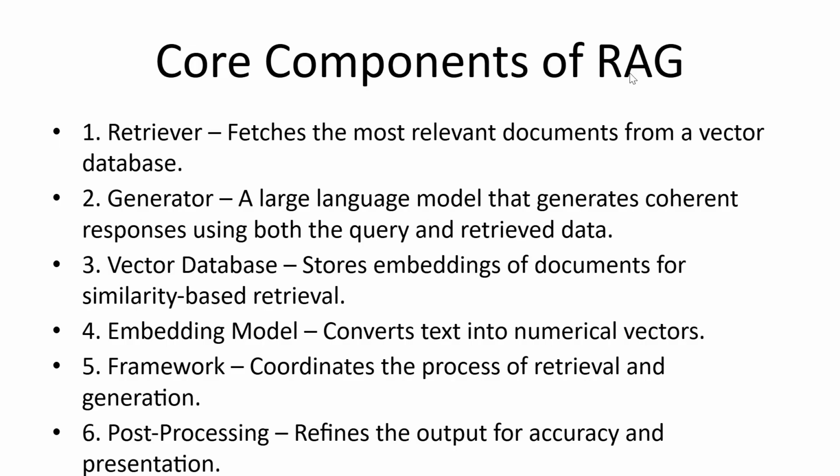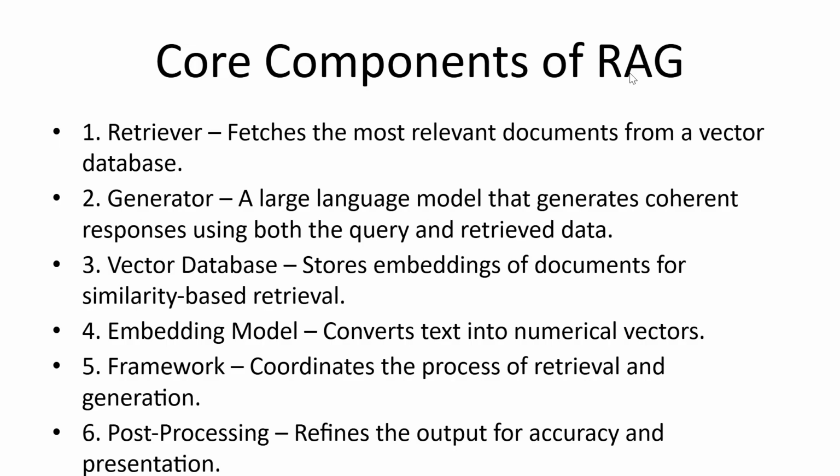The third component plays an important role, which is the vector database. Why is a vector database needed here? Why can we not use another database? Because LLMs work with the help of embeddings, and finding relevant documents from the embeddings themselves increases the accuracy and gives more accurate results.